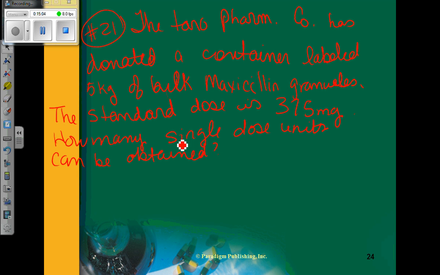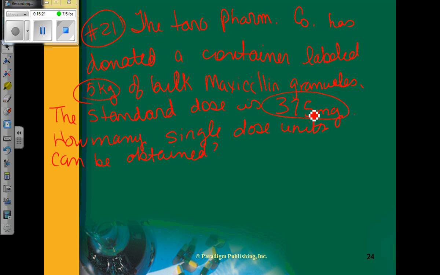Okay, there's why I wanted to go ahead and write it out, just to look at what the container label has, which is in kilograms, and the standard dose is 375 milligrams. How many single dose units can be obtained?